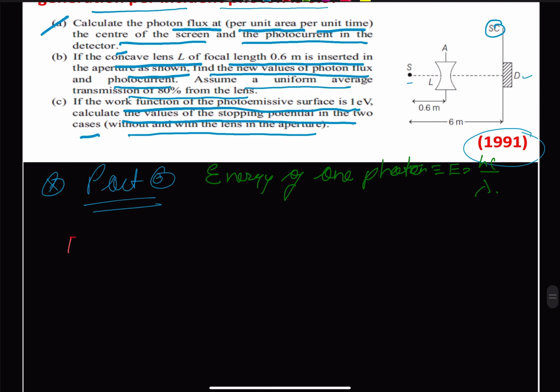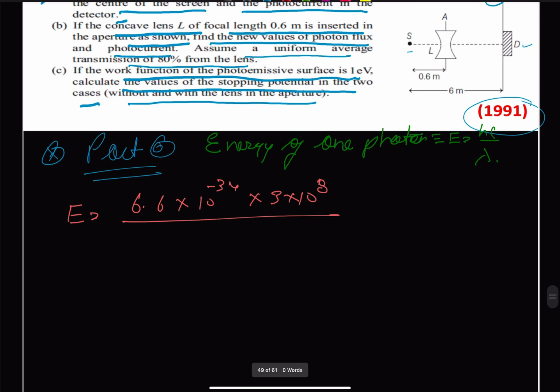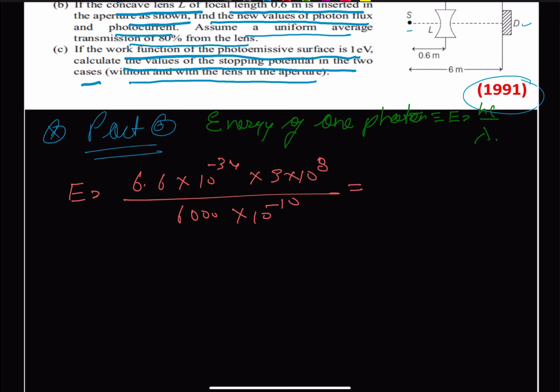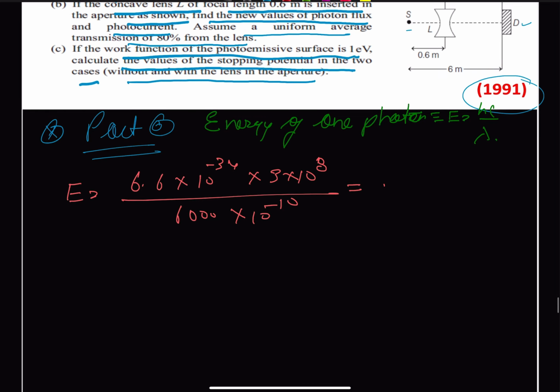We get energy equal to h, which we know is 6.6 × 10^-34, c is 3 × 10^8 meter per second, and lambda is given to us as 6000 angstrom × 10^-10. This gives us energy equal to 3.3 × 10^-19 joules.